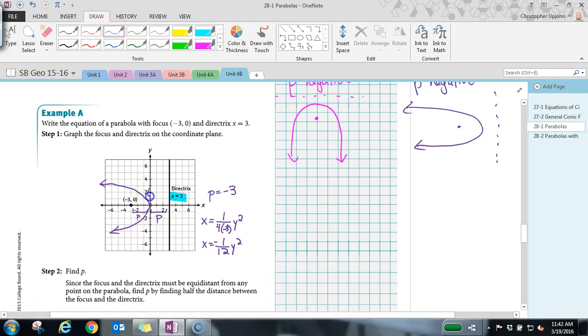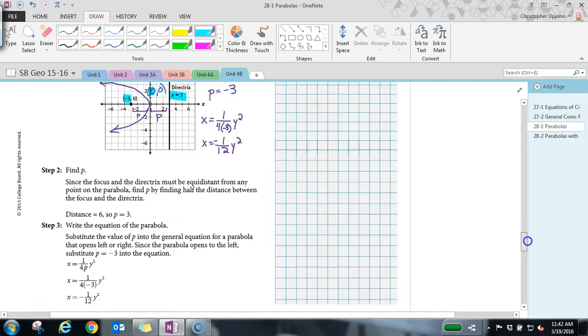Our point here is 0. We look at our x value, 0. How much does it change from 3 to 0? 3. How much does it change from 0 to negative 3? 3. And because it's opening to the left, again, our focus is always inside our parabola. P is negative 3. So we just plug it into our equation, and we get x equals negative 1 over 12 y squared.